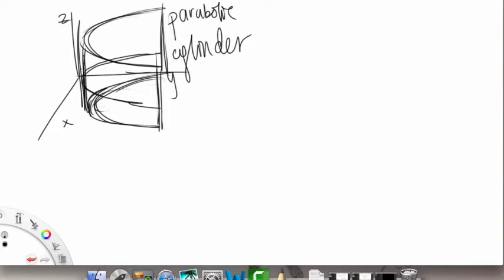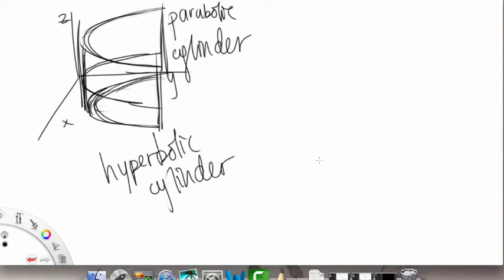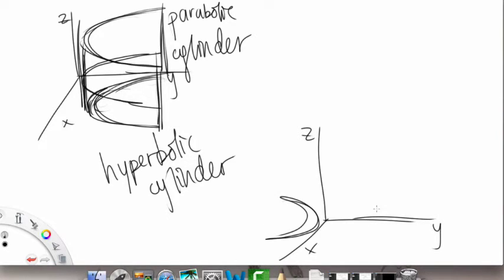And then one other one, we'll just go over this one, is a hyperbolic cylinder. Again, we'll start with a curve on the xy plane, and this curve we're starting with is a hyperbola. So that'll be something like that, and then like that. And again, we'll extend the points upward and downward with vertical lines.